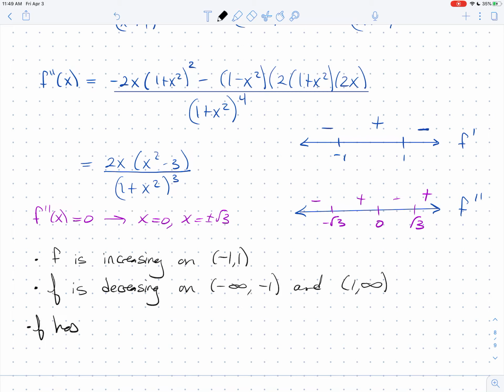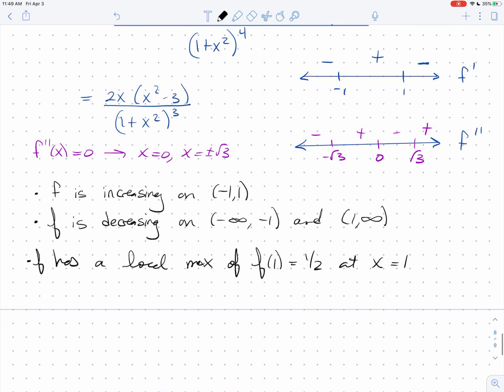F has a local max. Let's go up here again, positive, negative. Local max at x equals 1. And let's actually go ahead and compute it. So the local max is going to be of f of 1 equals 1/2 at x equals 1.